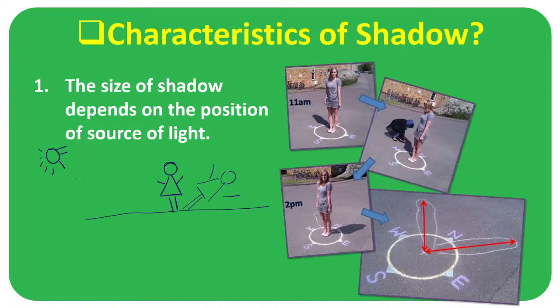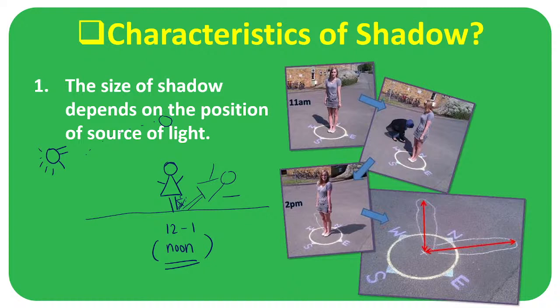As the sun moves over here and reaches exactly above your head, mostly during the noon time, maybe between 12 to 1, you will see that the shadow will be very small. You will not be able to see a bigger shadow, but a tiny shadow.